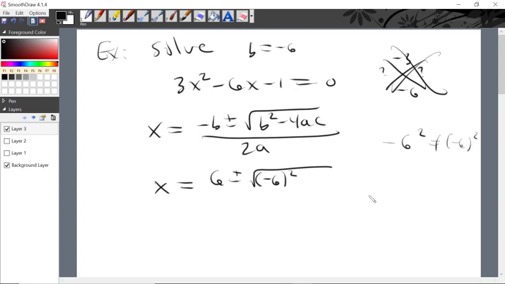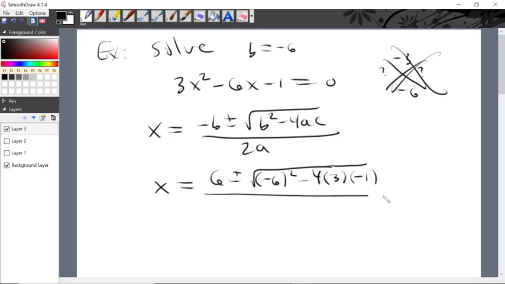Those are not going to equal each other. Your calculator will agree with me there. You can check on your calculator to see. Alright, so we've got negative 6 quantity squared, and then minus 4 times a, which is equal to 3, times c, which is negative 1.